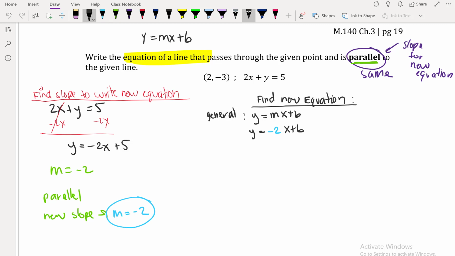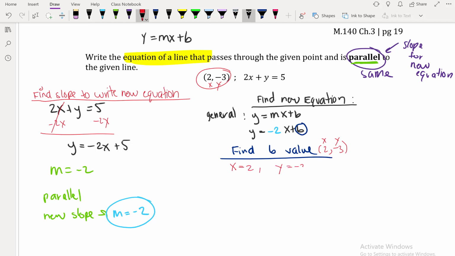Now I need to find the b value by plugging in this x and y. So x is equal to 2 and y is equal to a negative 3.